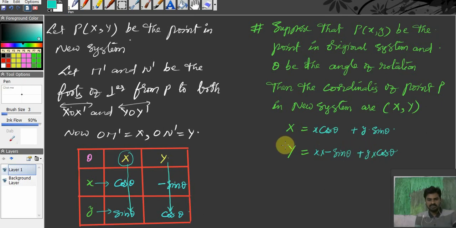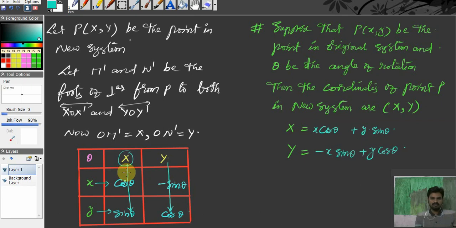So you have to write here Y equals minus x sin theta plus y cos theta.